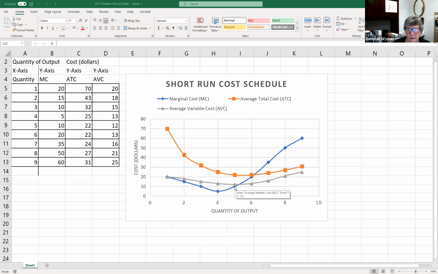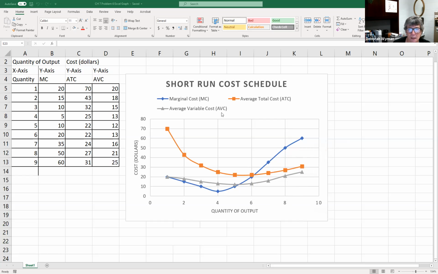And 5 and 12, 6 and 20, 7 and 35, 8 and 50, and 9 and 60. Okay, so that's blue.